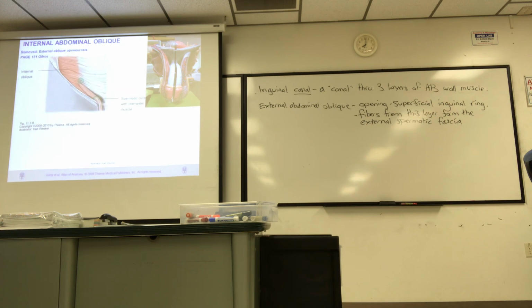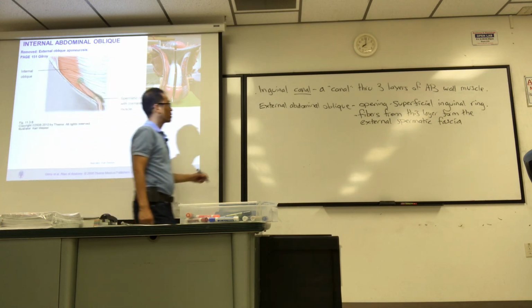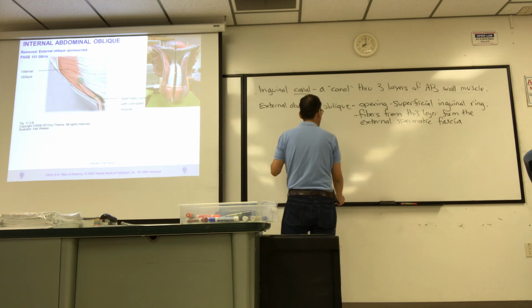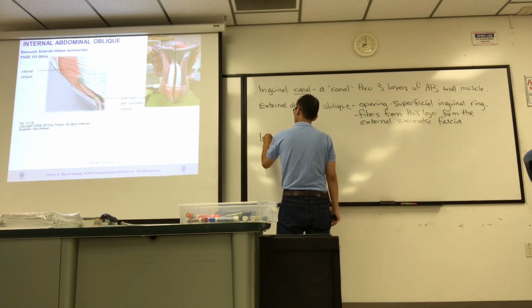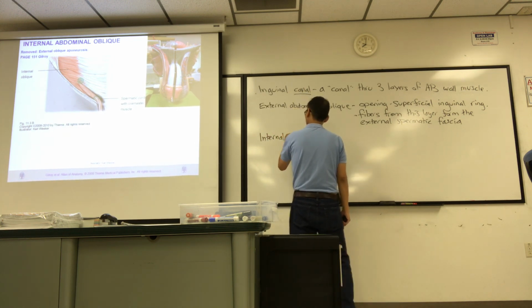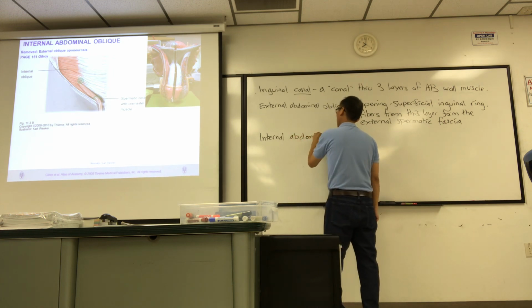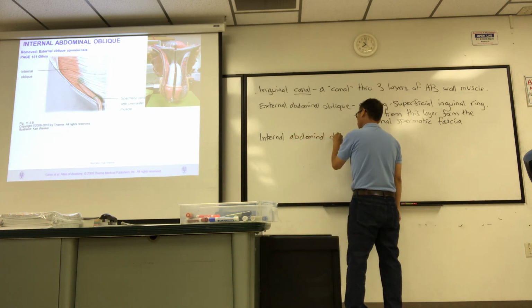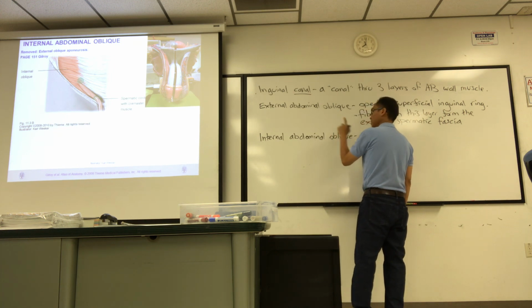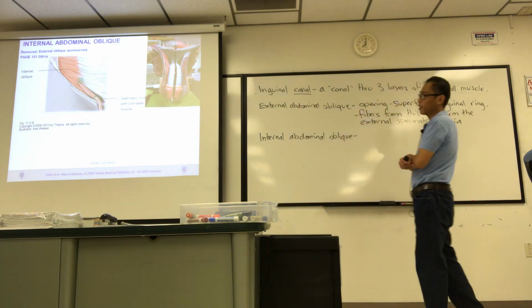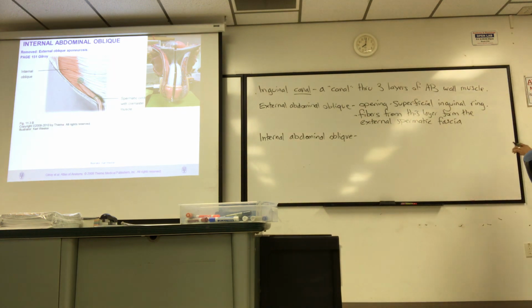Now in the next shot, if you dissect away external oblique and get a look at internal oblique, that's this picture here. Internal abdominal oblique. What you can see from this picture, I think they do a good job of showing us that muscle fibers from this layer form what's called the cremaster muscle around the spermatocord and testes.